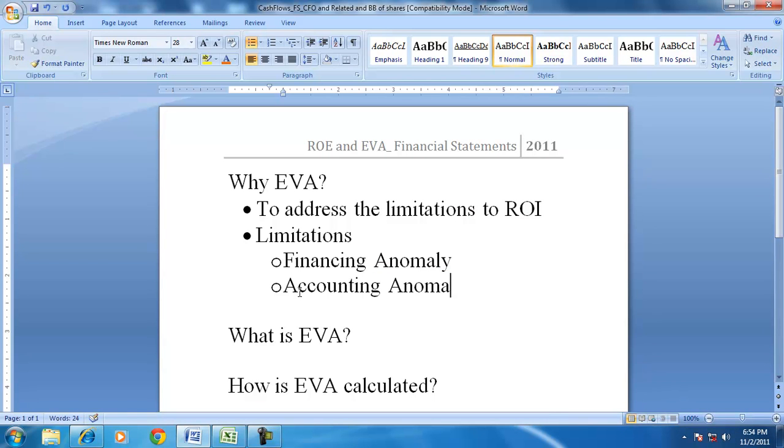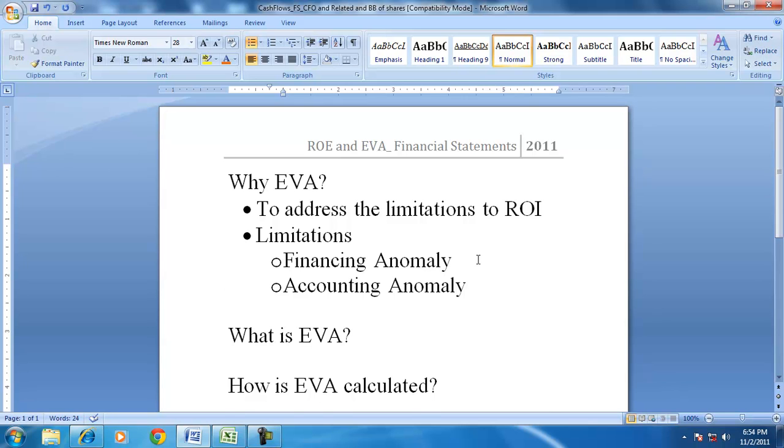So whenever we calculate the return on investment, whatever its form, return on equity or return on total assets or return on capital employed, since this information comes from the financial statements, which are GAAP based, assumption based numbers, they have these anomalies.